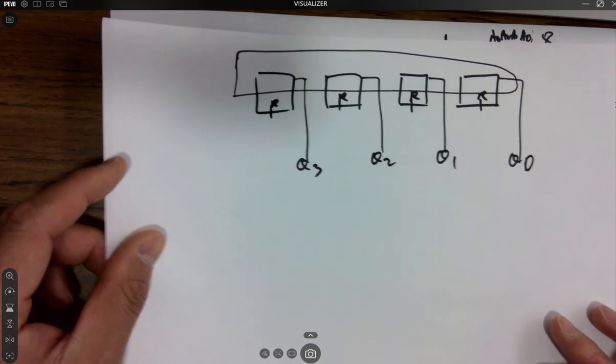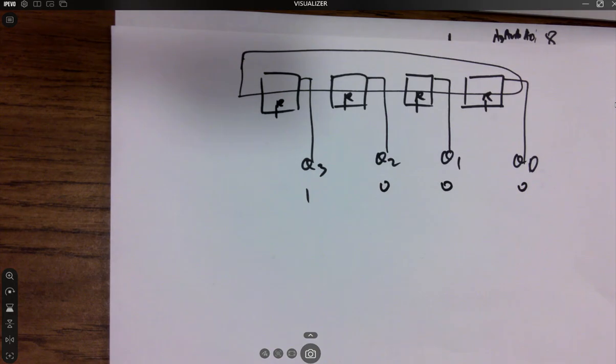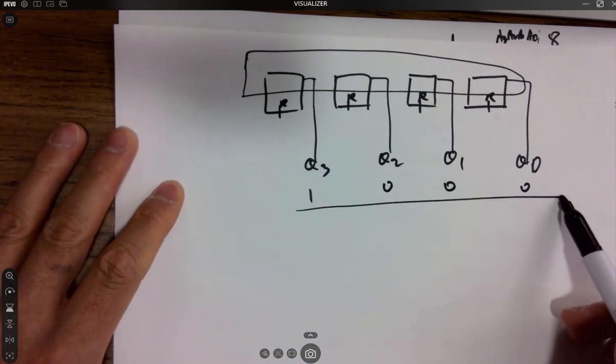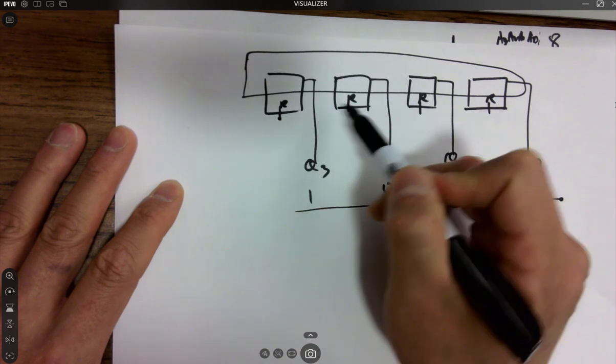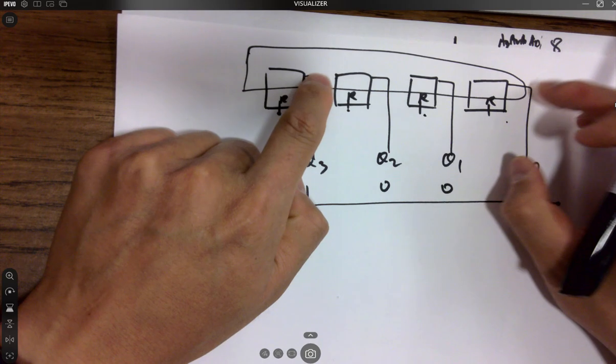Number 8 is what? 1 0 0 0. And at this code, what you want to do is send a dip to this pin to reset it, so it becomes all zeros and starts counting from 0 again.